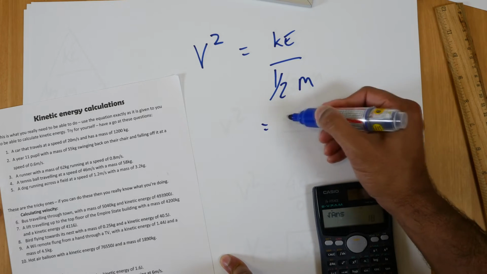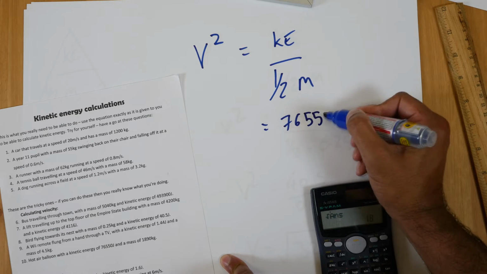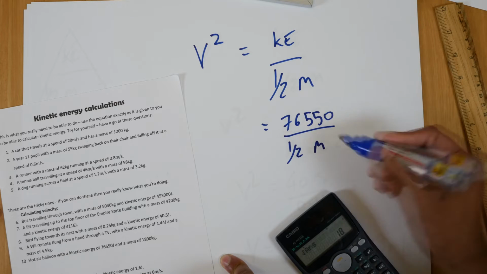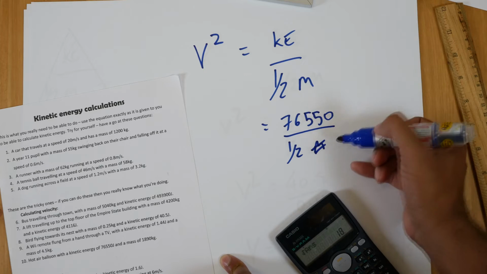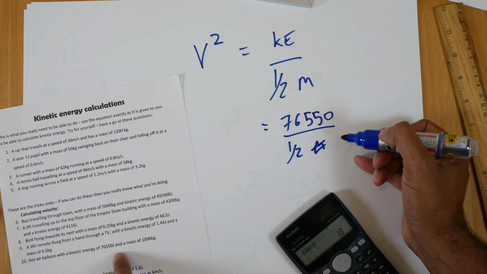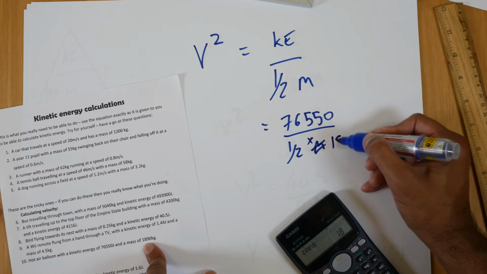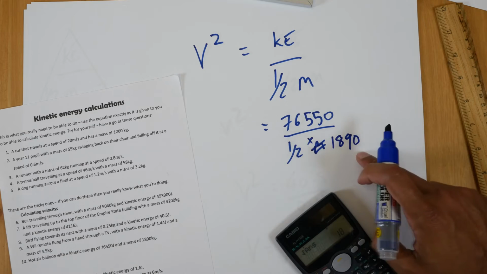Okay, Ke, they say is 76,550 divided by half. Oh my God, why have I written m? I want to put the number in. Anyway, people make mistakes. It's all good. Half times 1890. Okay, let's work out this bottom part first.